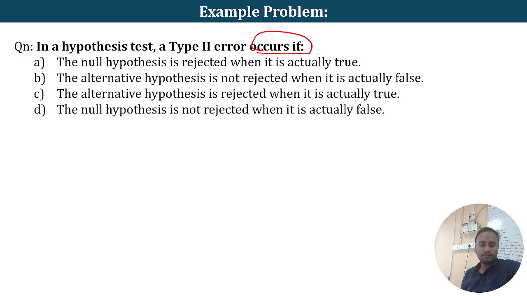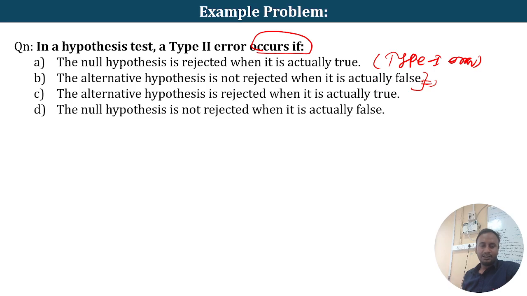That statement is correct, but that is a type 1 error. The alternative hypothesis is not rejected when it is actually false. We are not bothered about the alternative. We'll not bother about the type 2 error because type 1 and type 2 errors are mostly related to the null hypothesis, not the alternative hypothesis.